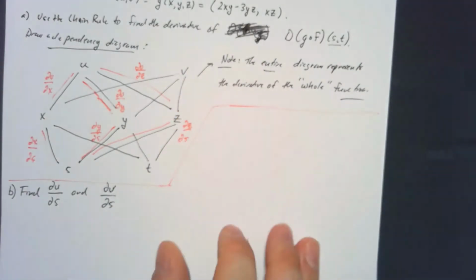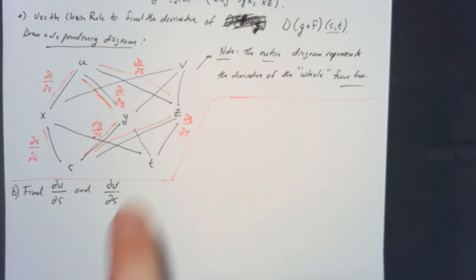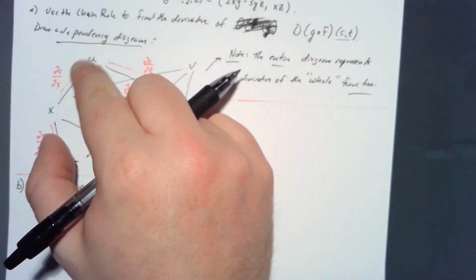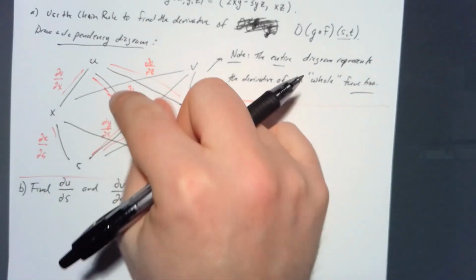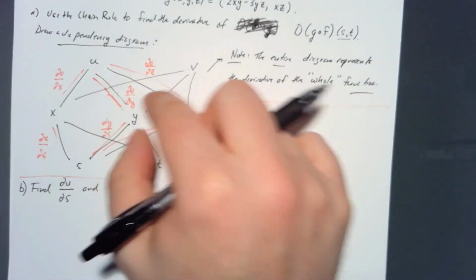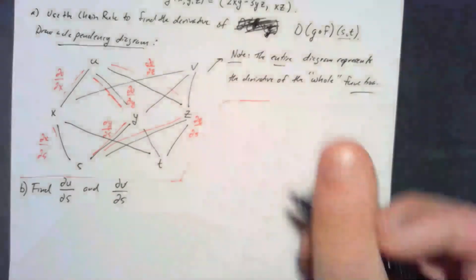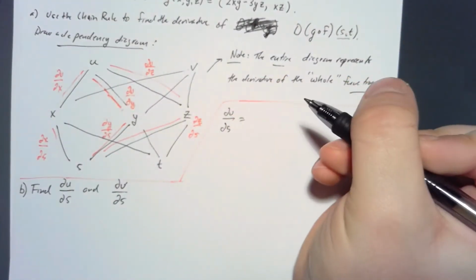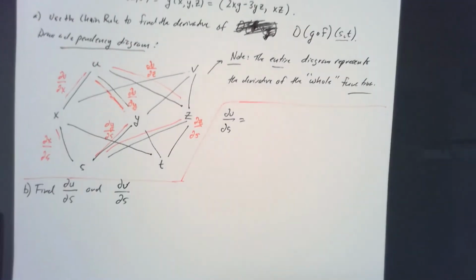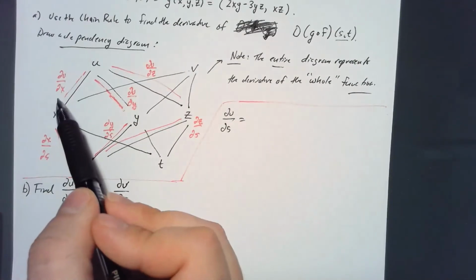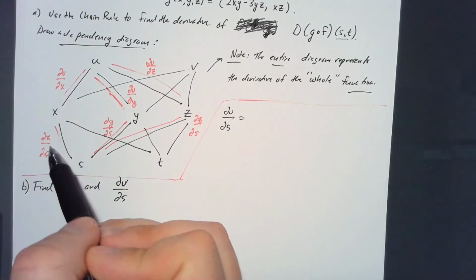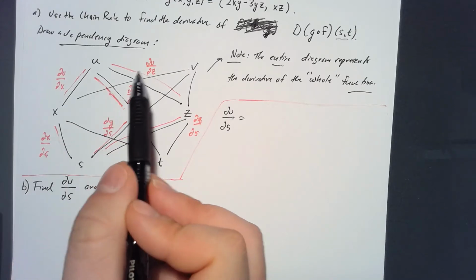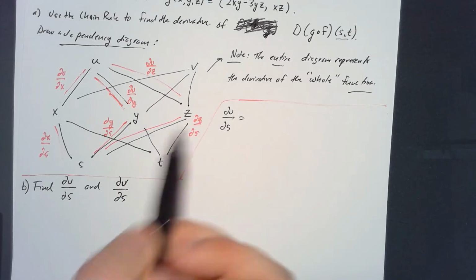So to find the partial derivative of u with respect to s, you just multiply the two derivatives in a single branch and add all the branch products together. So to find du/ds, I take this product, plus this product, plus this product.